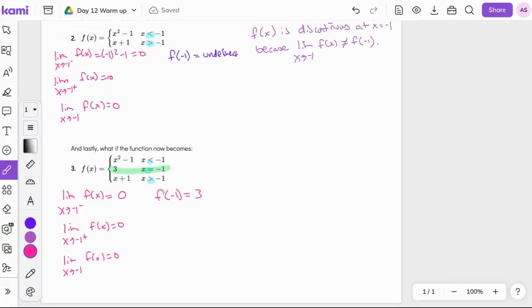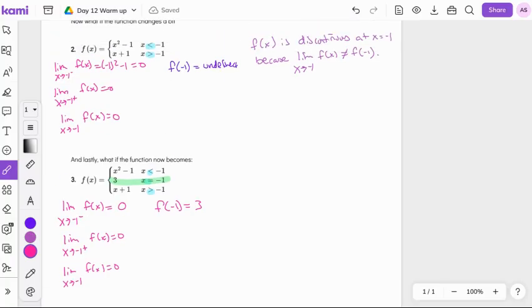But unlike question number 2, I automatically have a function value at -1. And so this is also going to be a removable discontinuity. This is called your floating hole scenario here.